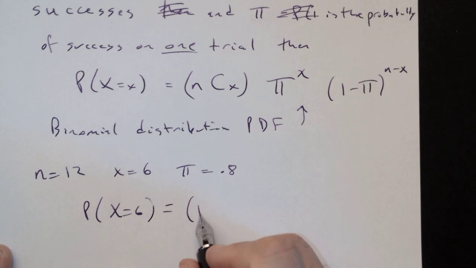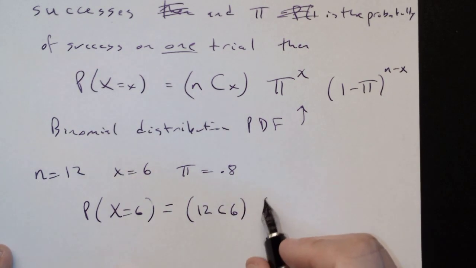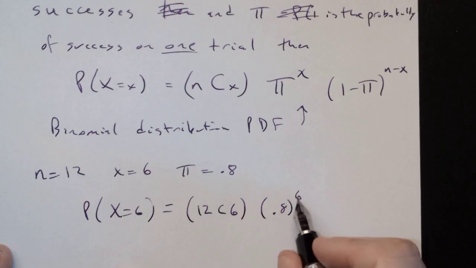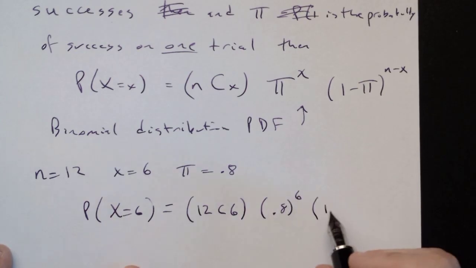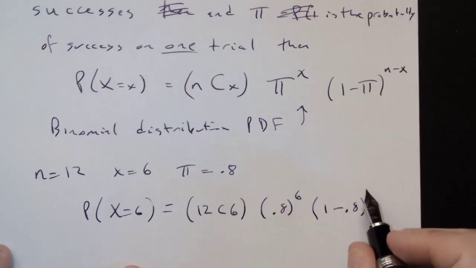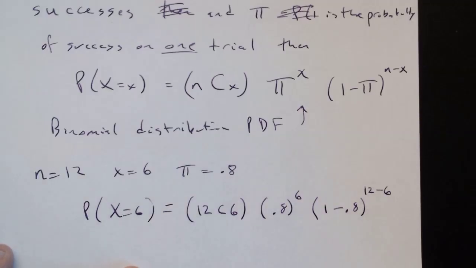I've got 12 choose 6 times 0.8 to the 6th times 1 minus 0.8 to the 12 minus 6. The power on the first set of parentheses is the times I want to succeed. Chance of success, number of successes. And then chance of failure, number of failures.